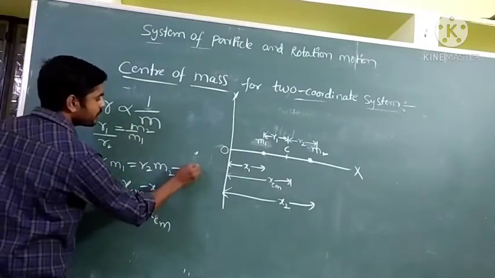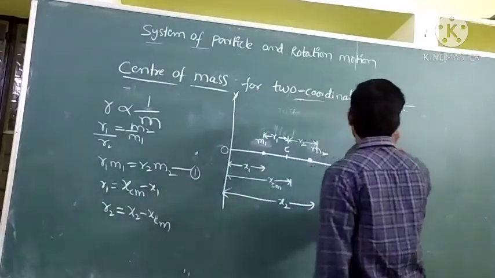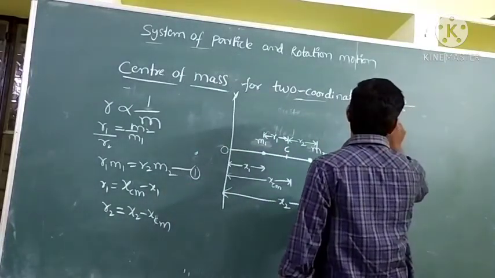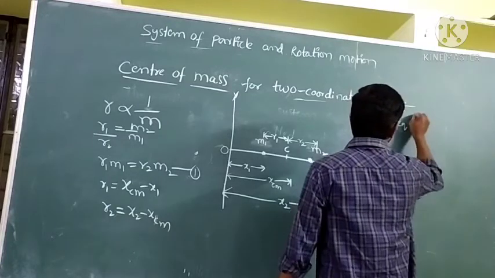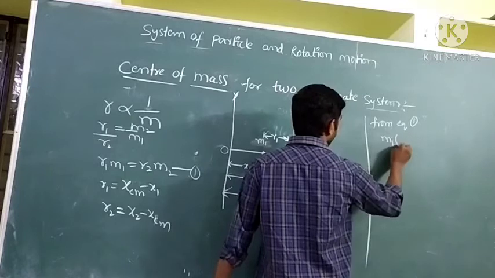Substitute them in the above equation 1. If you substitute the values, then we will get the resultant value from equation 1. From equation 1, I am writing m1 first.